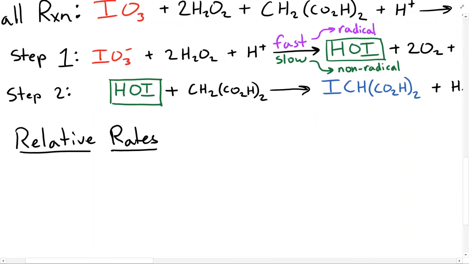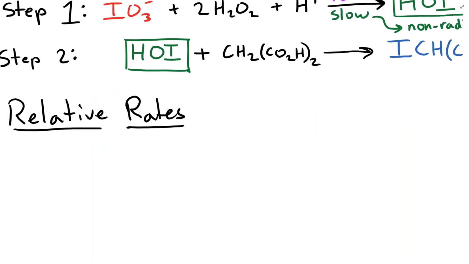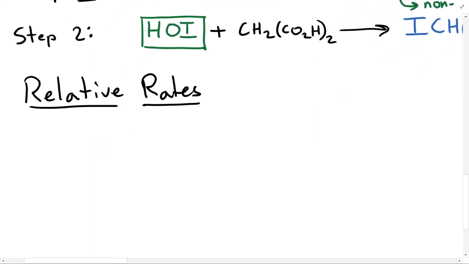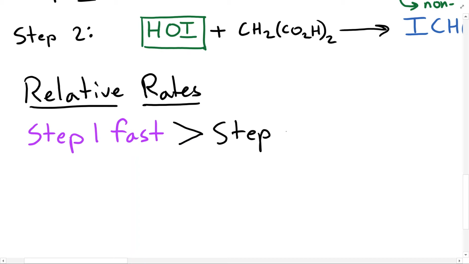So we need to look at what the relative rates of all these reactions are to properly understand what's happening here. If we look at the relative rates, we notice that the very fastest rate is step 1 fast, which of course is the radical mechanism. That is faster than step 2.